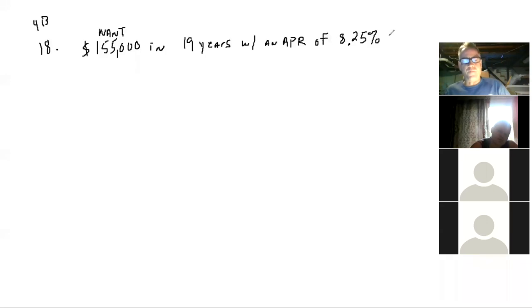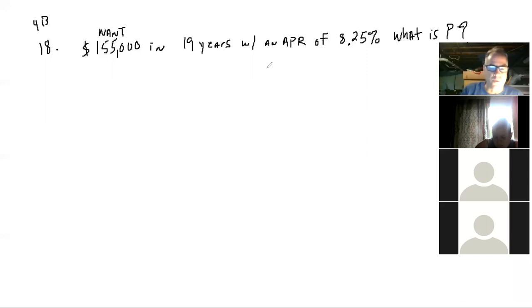So I want that amount in 19 years with an APR of 8.25%. Okay. So at the end of the day, what is P? That is, what will my principal have to be to attain this? Okay.